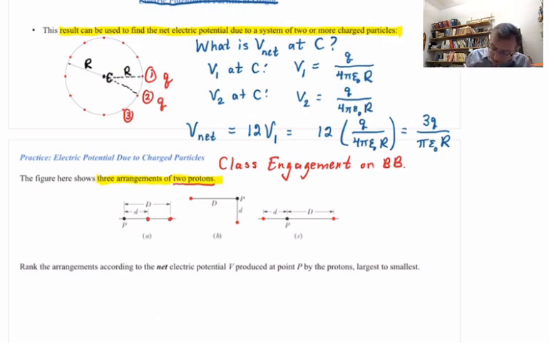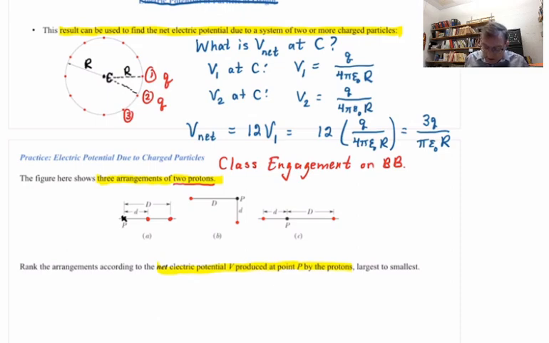And then there's a point P. I like to mark it more with like a little X. No charge at point P, it's just a point on an axis like that. Okay? And what we're interested in this little exercise is the net electric potential V produced at point P by the set of 2 protons.